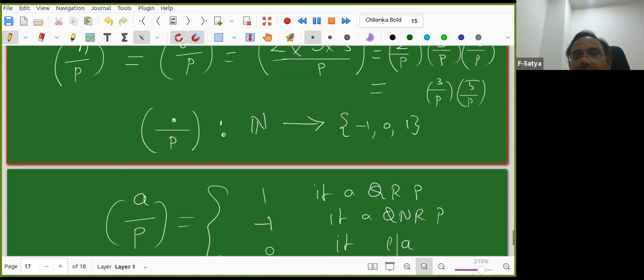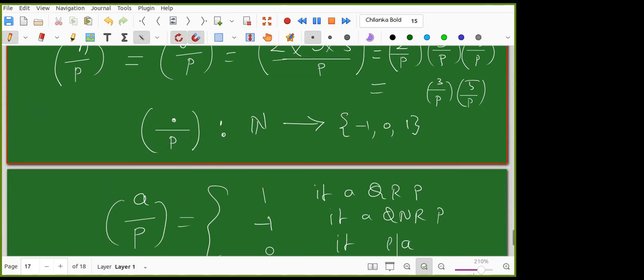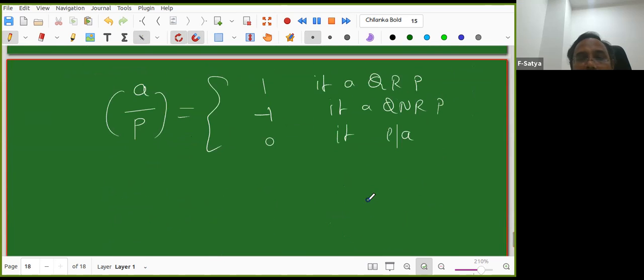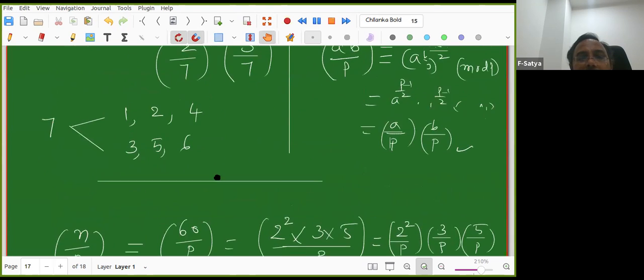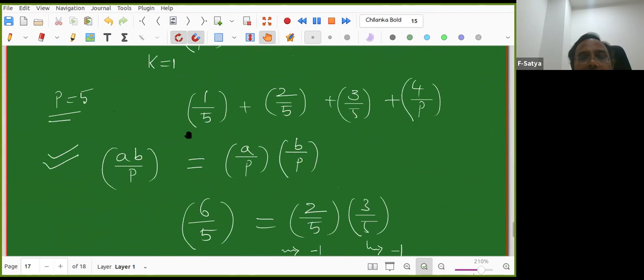So now we can easily check whether it is multiplicative or completely multiplicative and something like that. Can somebody help me? It's completely multiplicative. Wonderful. See, we proved exactly that: (AB/p) equals (A/p) into (B/p).